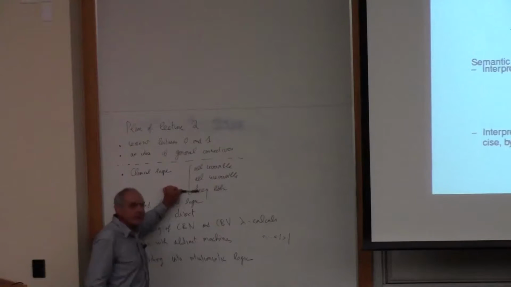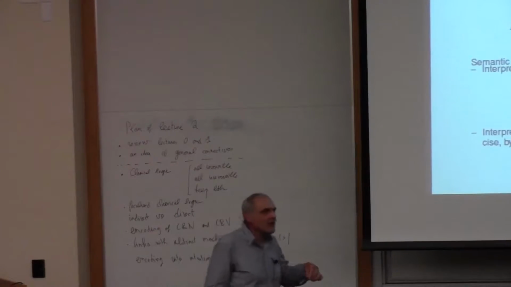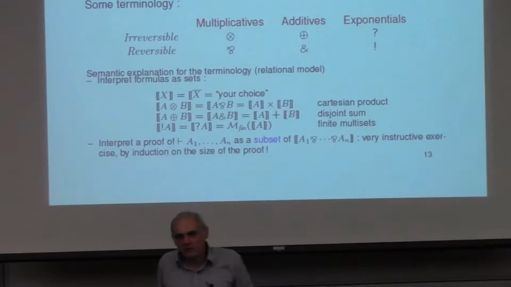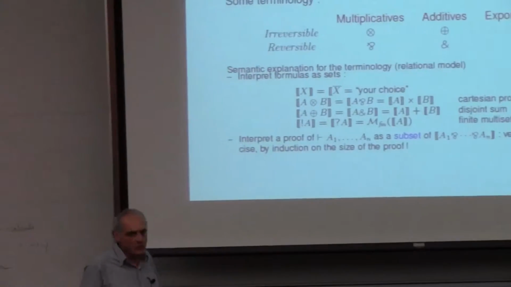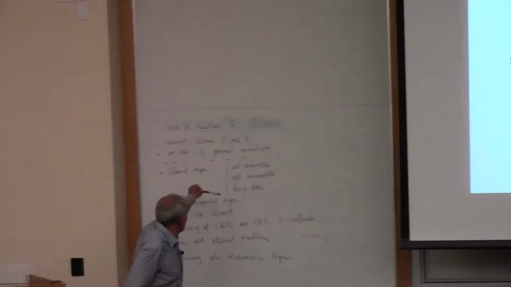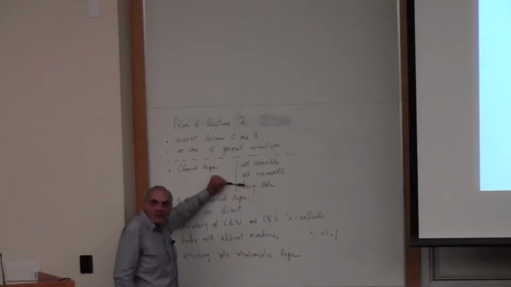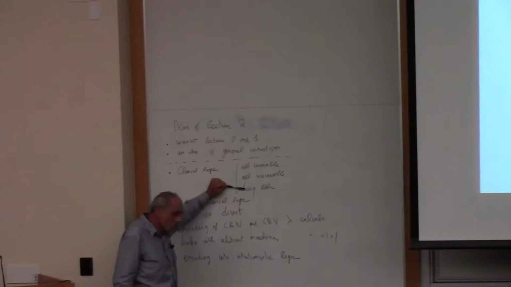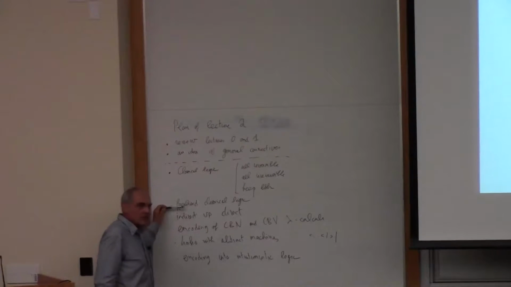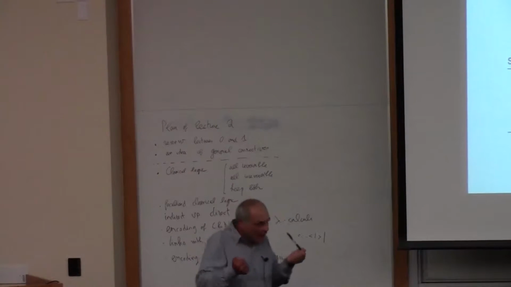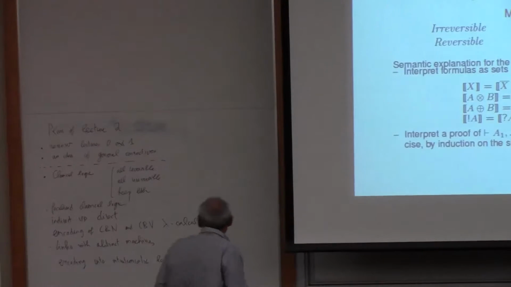And finally, keeping both is a good key to having this computational consistency problem solved. So that's where we will stick to such a system that has two conjunctions and two disjunctions, and then we will discuss how to make it a confluent system so that you don't identify too many proofs.